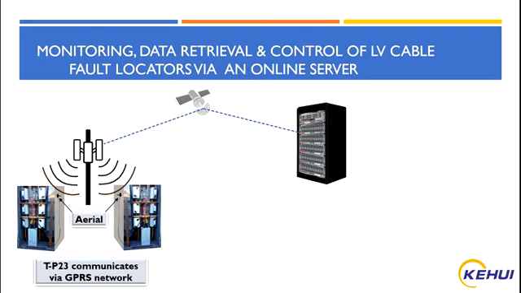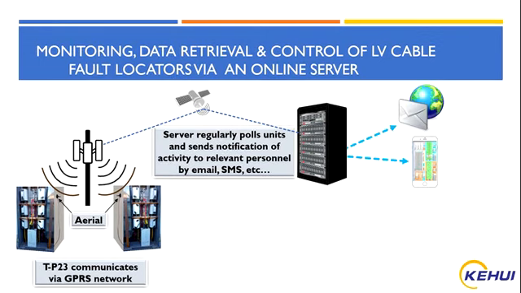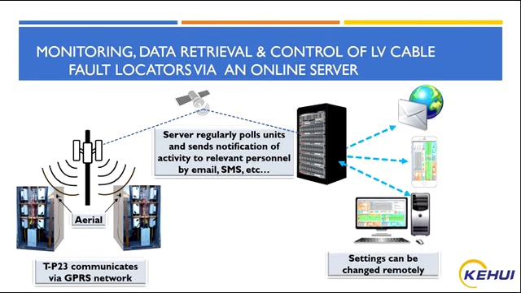This facilitates access by a server, such as that provided by the iHost system developed by the Nortec company. The server can notify the engineer that the unit is triggered by means of an SMS text message or by email. This will then allow the data to be downloaded from the unit for analysis on a local computer. The system also allows settings on the TP23 to be changed without visiting the site.